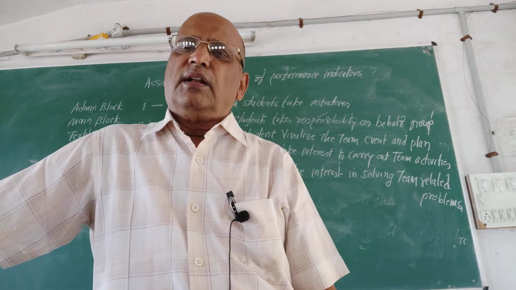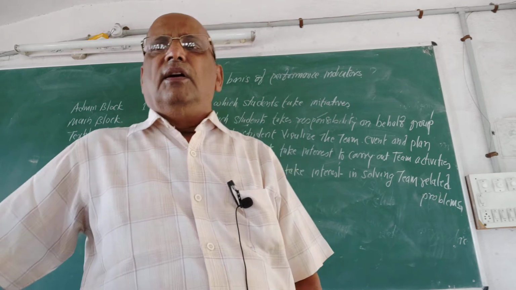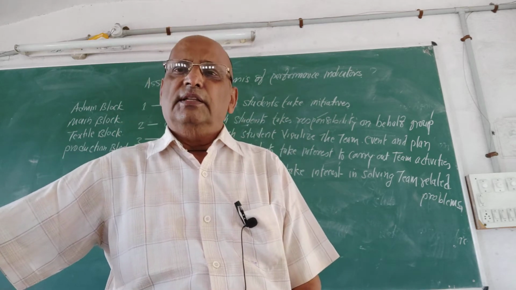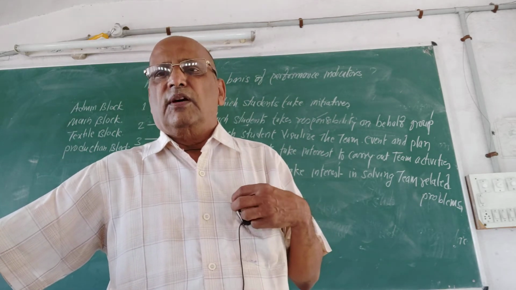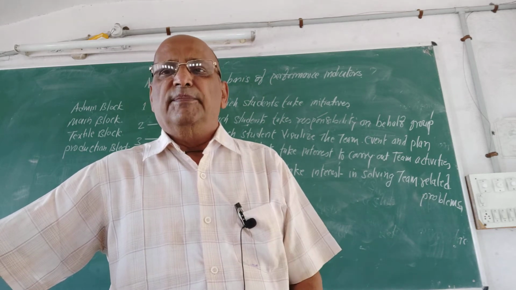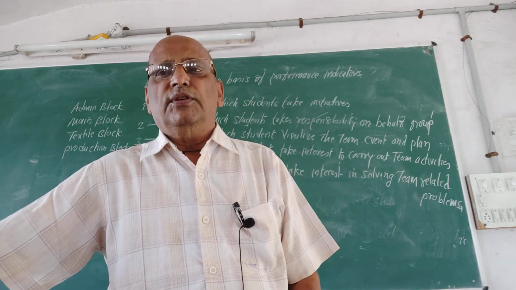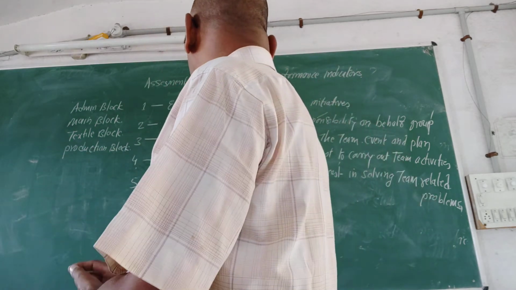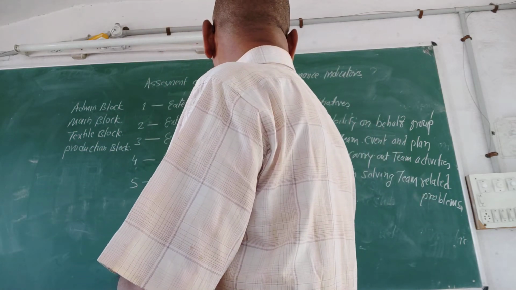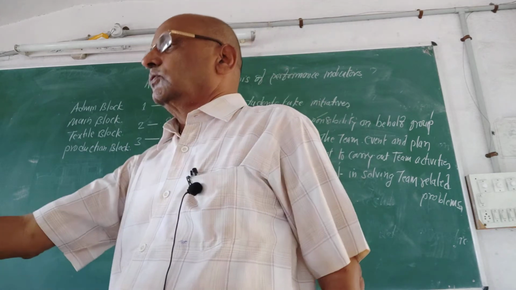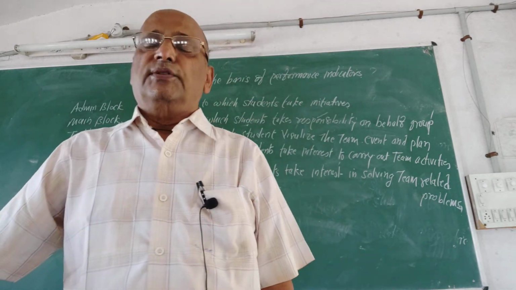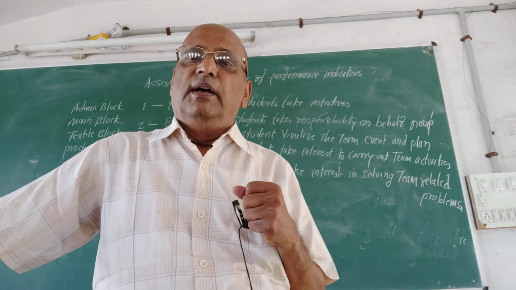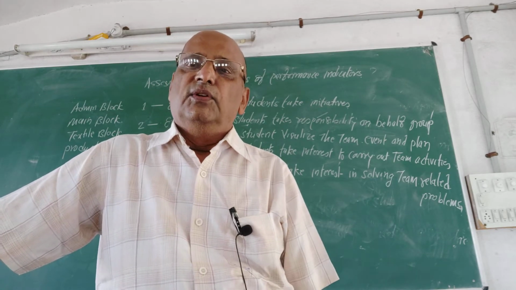The overall supervisor or leader will look after all the groups one by one, from time to time. So the second point says the extent to which students take responsibility on behalf of the group. They have to assume that this is our group and it is our target.